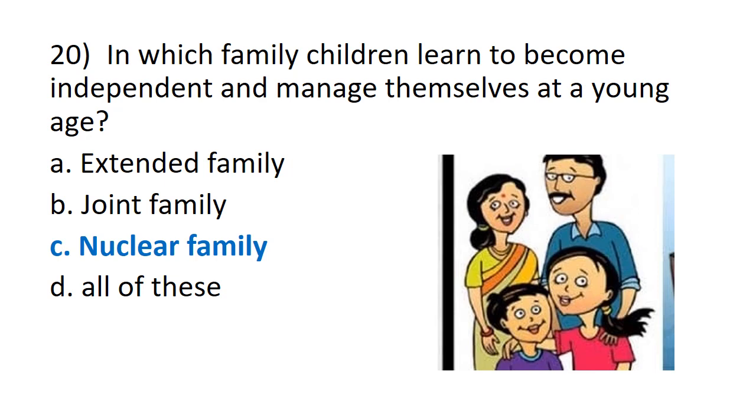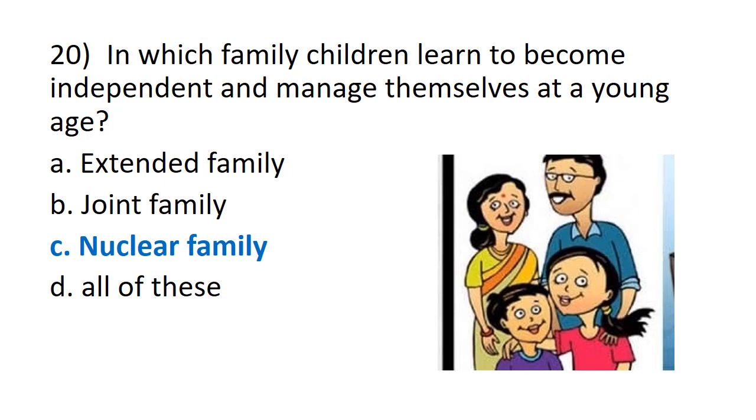In an extended family, people will be living together, and so children will not be able to learn to do their work by themselves. In a joint family, again, many people live together, so all the work is shared by the family members. So children in the family may not learn to do all their work on their own, so they do not become independent.